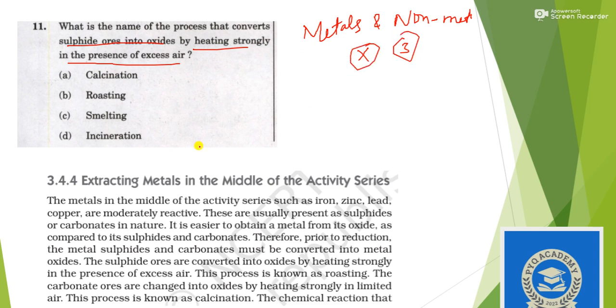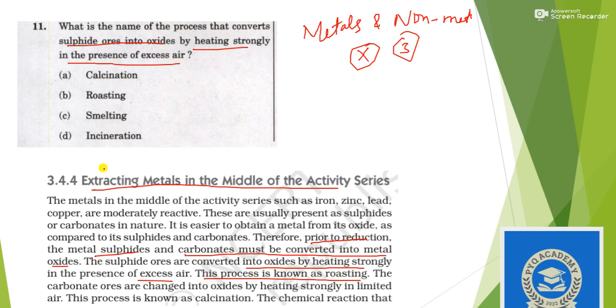So here you can see that I took this image from NCERT. So let's come to this. Prior to reduction, the metal sulfides and carbonates must be converted into metal oxide. The sulfide ores are converted into oxides by heating strongly in presence of excess air, and this process is known as roasting.